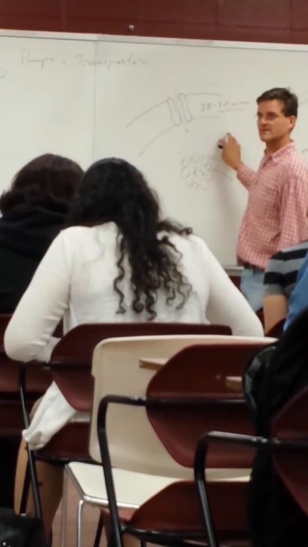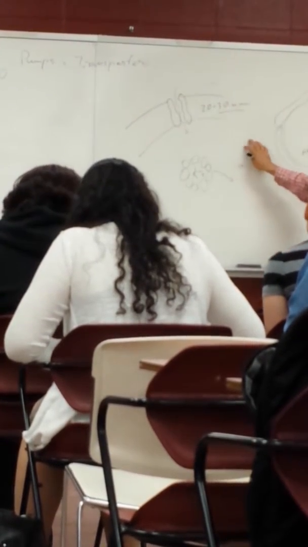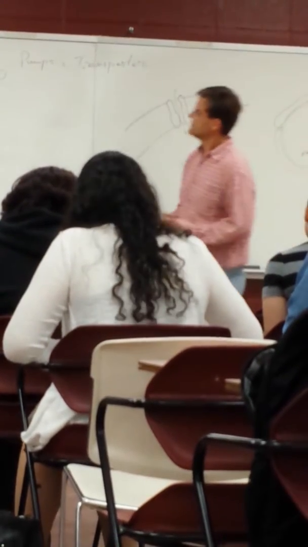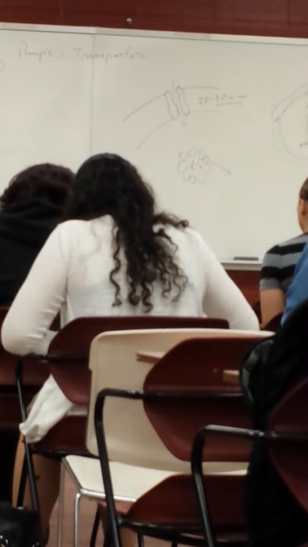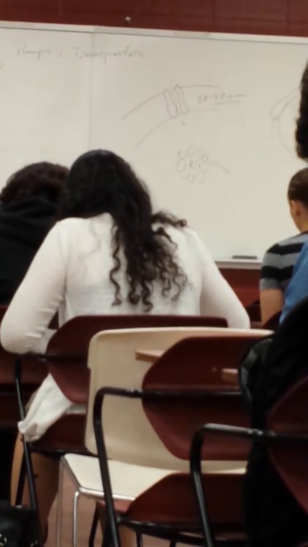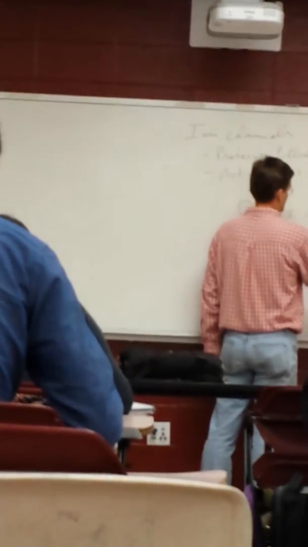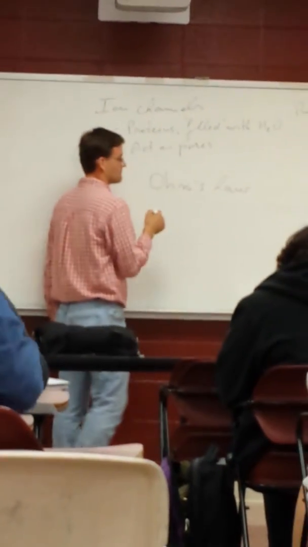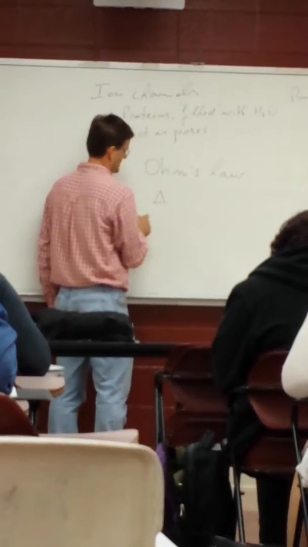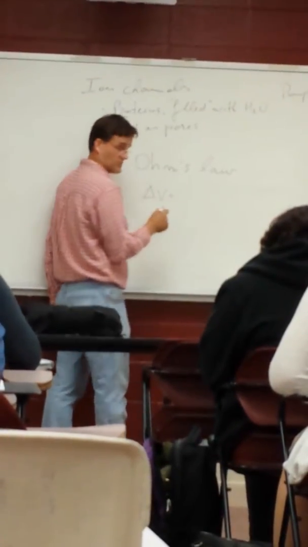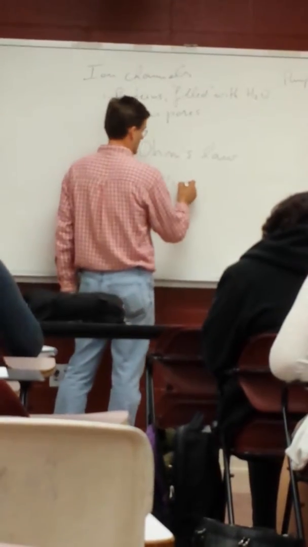And that will affect the voltage inside the cell, because I've heard of so-called Ohm's law, and this is one of the very few equations I'm going to write. Ohm's law says that a voltage change, which I'm going to represent as delta V, is exactly proportional to the amount of current flowing between 2 points.